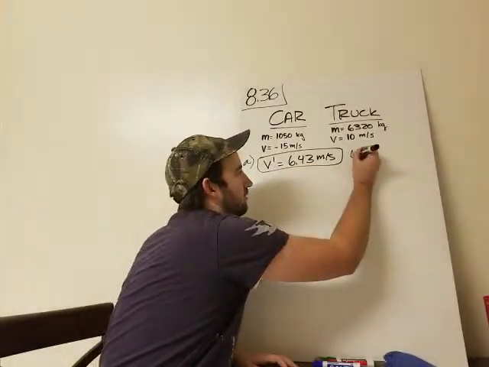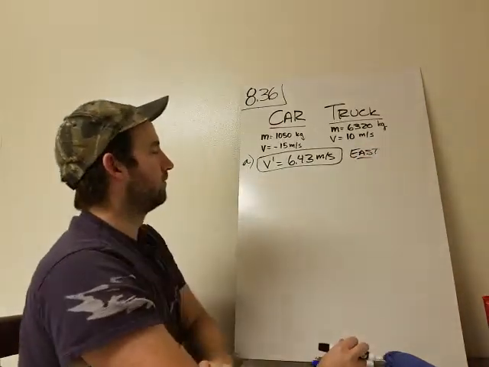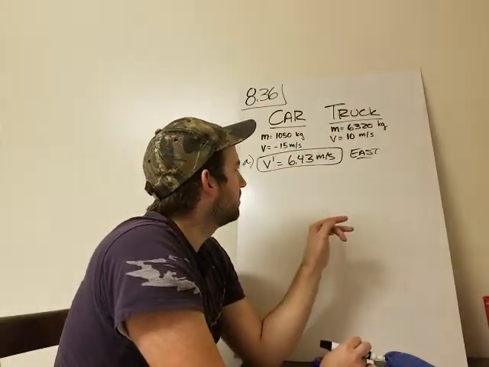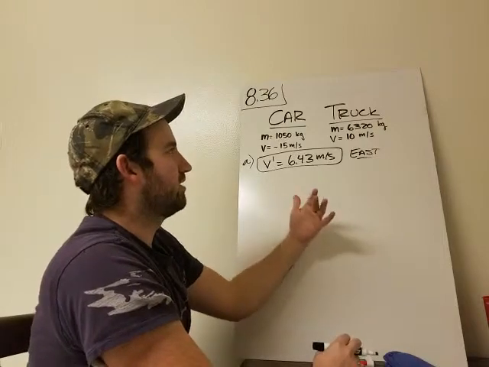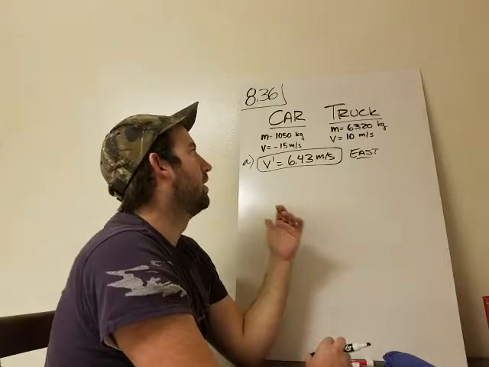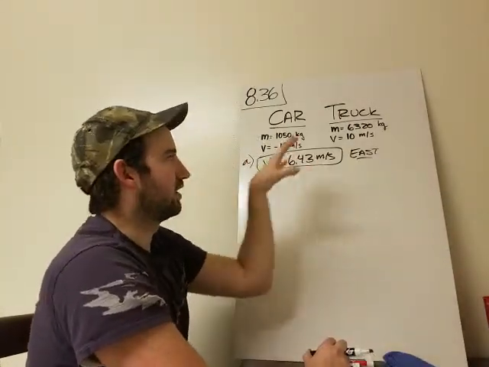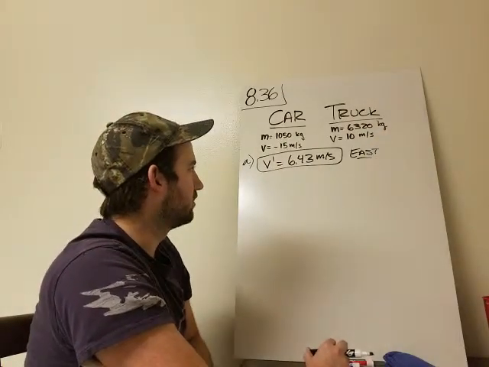That makes sense because there's not that much difference between their velocities, but the mass difference is huge. When you compare the momentums, the truck is going to have much more momentum, so it pushes the car and keeps going in its original direction. So that makes sense, which is good.